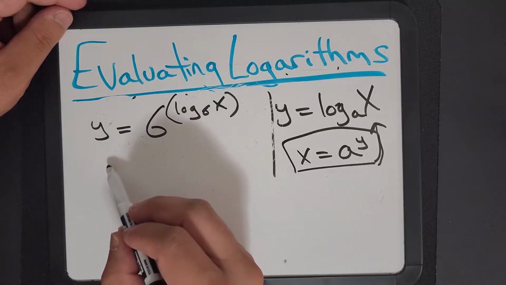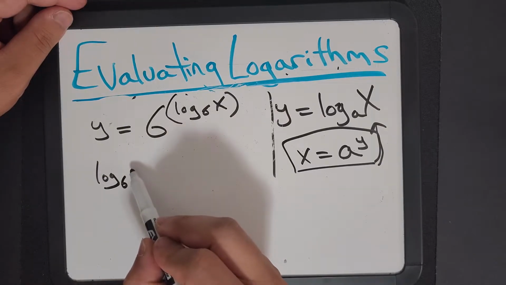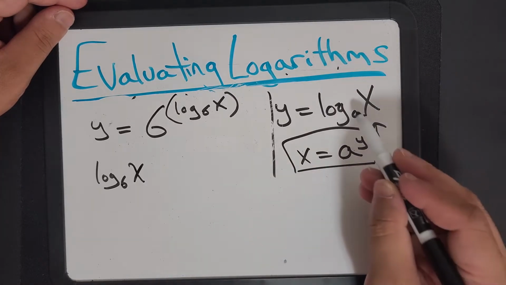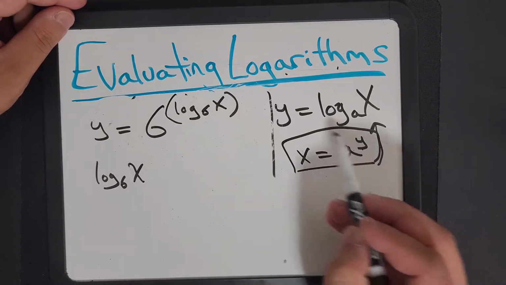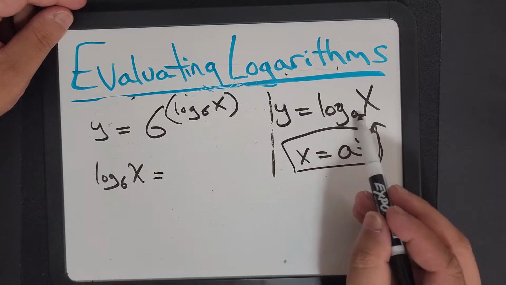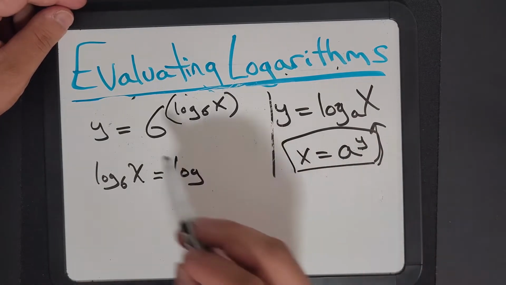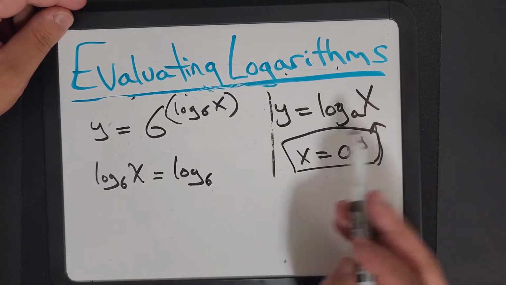So that'll become log base 6 of x, which is that. I'm sorry, this exponent now became this. That's here. And now I'm going to have my log a, which is the 6 here, this big one, and then x.